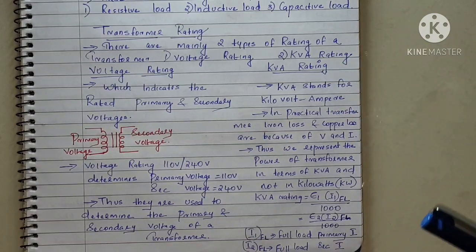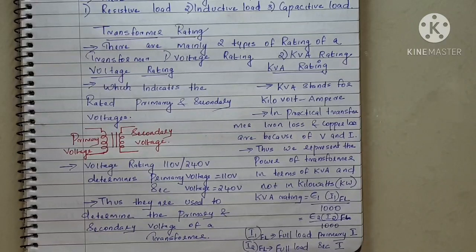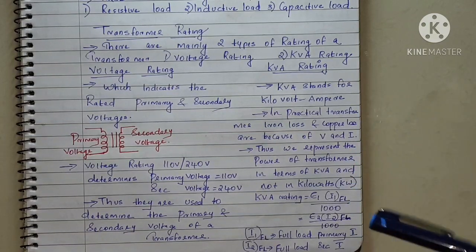kVA rating. kVA stands for kilovolt ampere. In a practical transformer, iron loss and copper loss are because of voltage as well as current. Thus, we represent the power of a transformer in terms of kilovolt ampere and not in kilowatts.